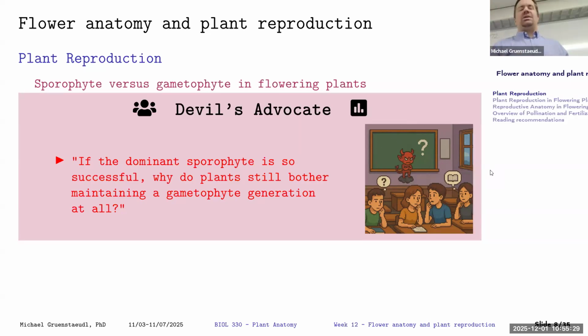But this brings me to a second follow-up question. Can you guys think of a reason as to why it's always the gametophyte that is being strongly reduced? I mean, you see it in us animals. Our gametophytic phase, sperm and egg cell, is strongly reduced to one cell only.